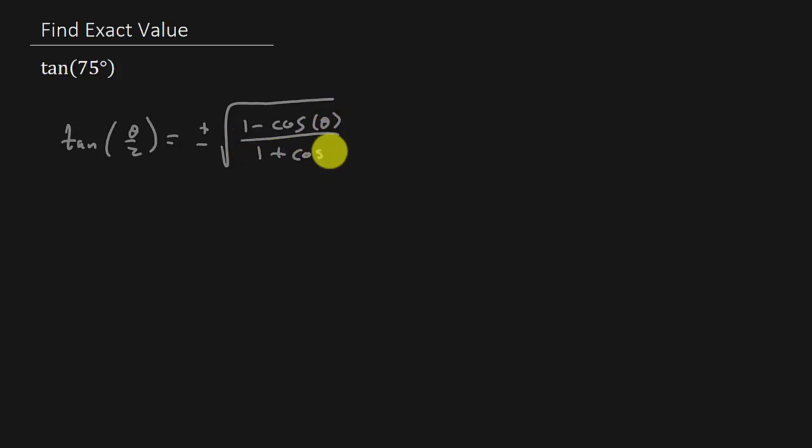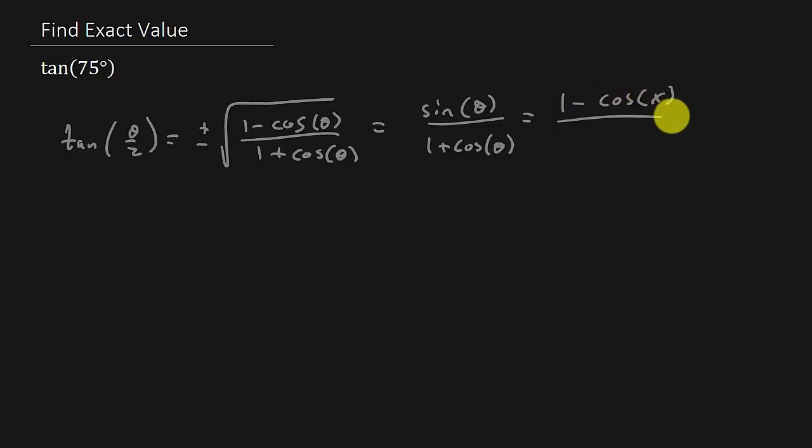So just know that tangent of theta over 2 is equal to plus or minus the square root of 1 minus cosine theta over 1 plus cosine theta, which equals sine theta over 1 plus cosine theta, which equals 1 minus cosine x over sine x. So we can use any one of them, okay? And we're going to do all 3 of them.